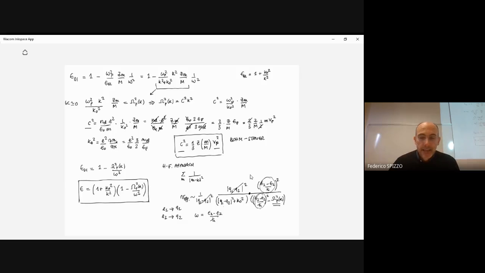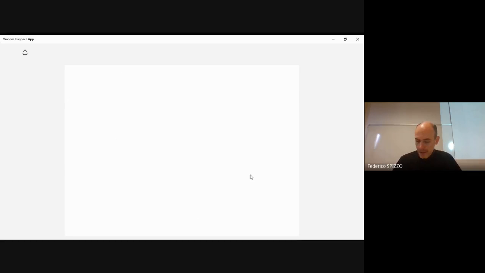So the idea is that in general, if you consider the energy difference between two random electrons that you may pick up in the system, that energy difference, I just changed page. What we know is that if we just concentrate on that term, we have (E1 minus E2) squared.